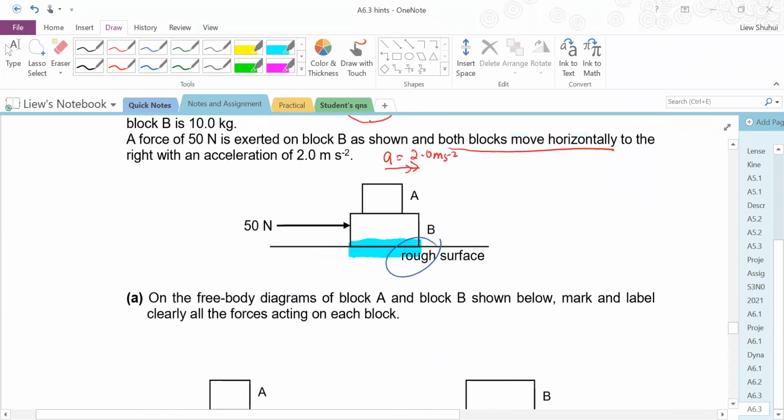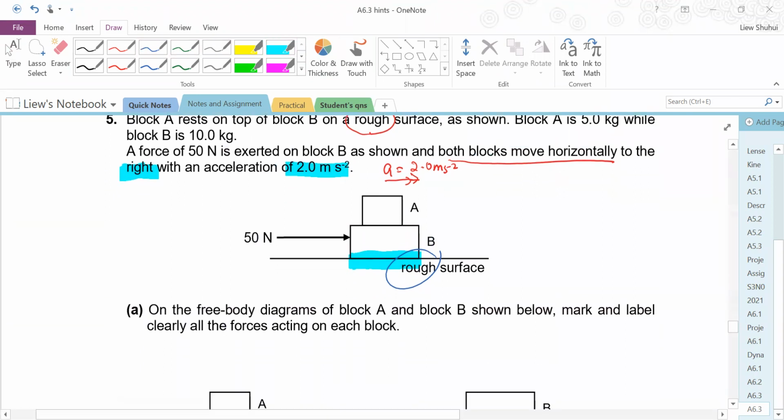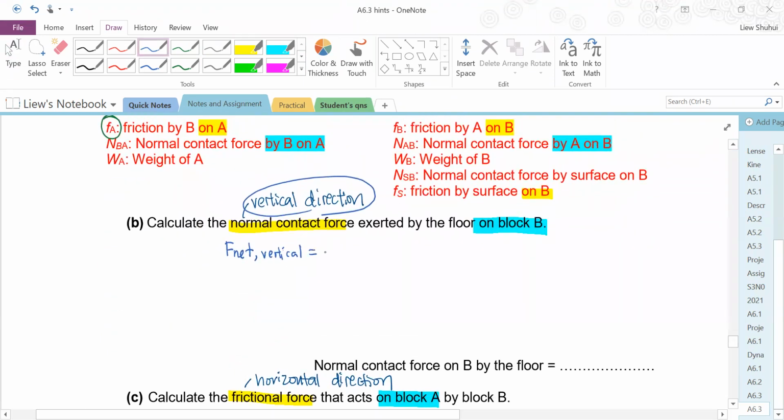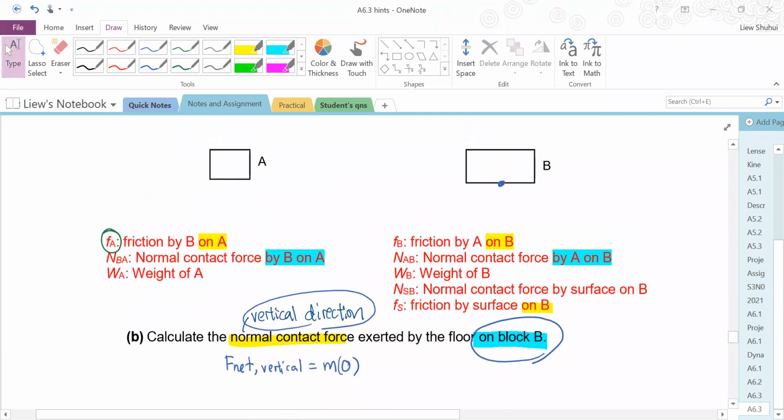Since the question tells you that the object is accelerating to the right with an acceleration of 2 meters per second squared, vertically there is no acceleration. So F net equals ma will be equal to 0. Since the question is asking you for the normal contact force on block B, you can just consider the free body diagram of B.